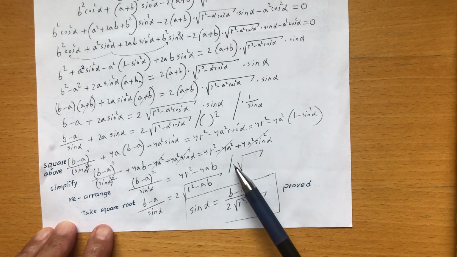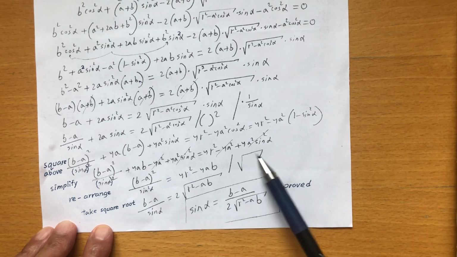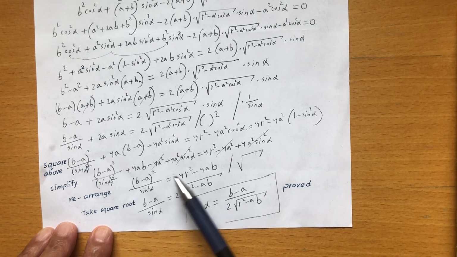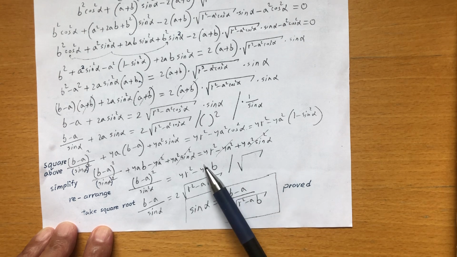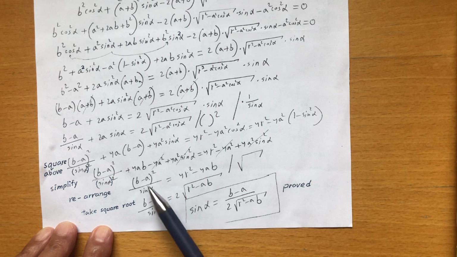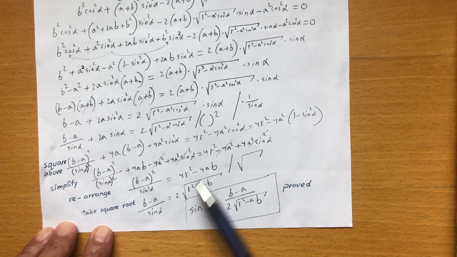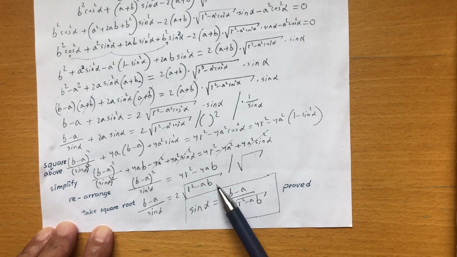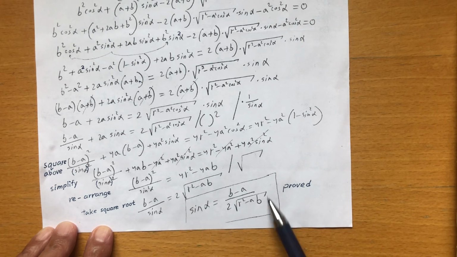Let's understand his writing. This means now you take the square root of the left side and the square root of the right-hand side. That's what he means by this label. So you take the square root, you get this, and you take the square root, and you get this. Once you have this, then you can solve for sine alpha. Sine alpha is this divided by this. And this is exactly what we want to prove. So we proved it.